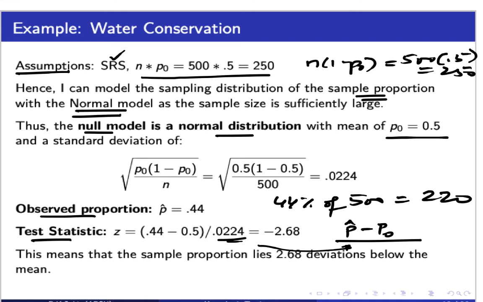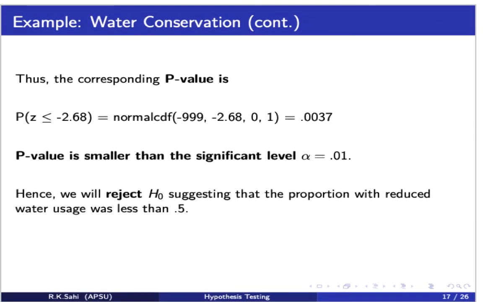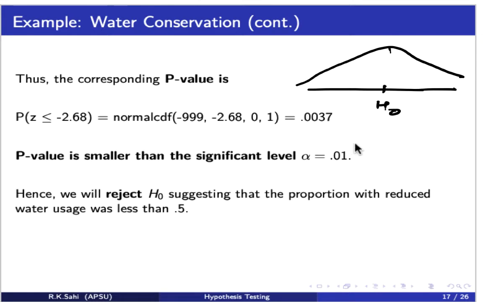Now, what's the corresponding p-value? The corresponding p-value is found by P(Z less than or equal to negative 2.68). Now, let me draw you the graph also. When you draw this graph, here is my H sub naught, negative 2.68 is somewhere over here, and we're looking at this p-value.